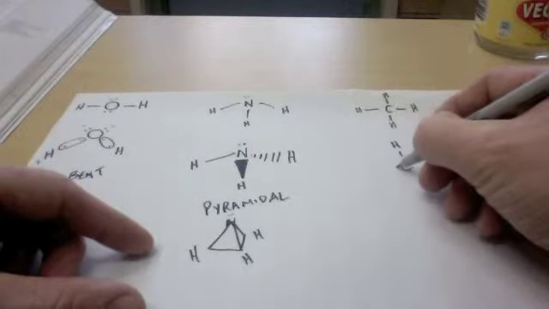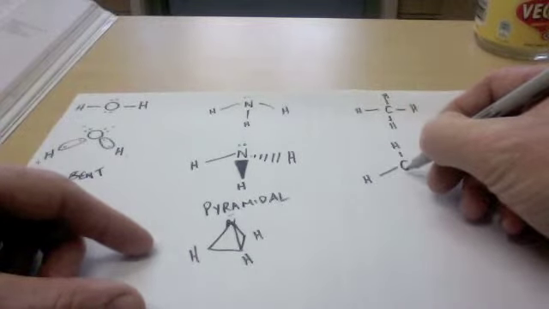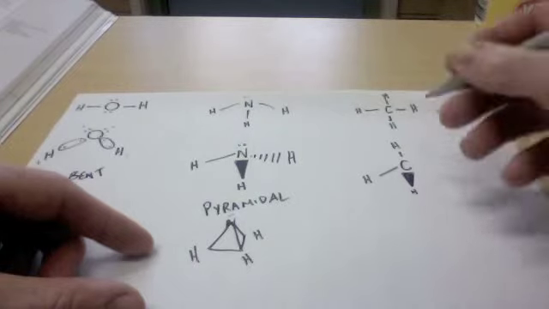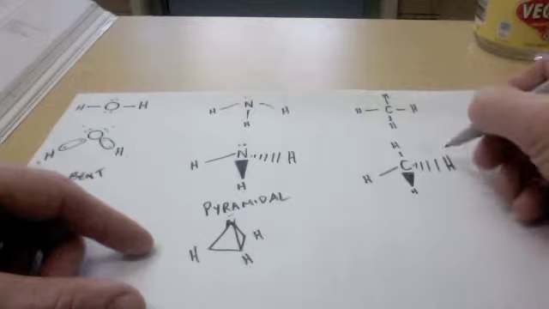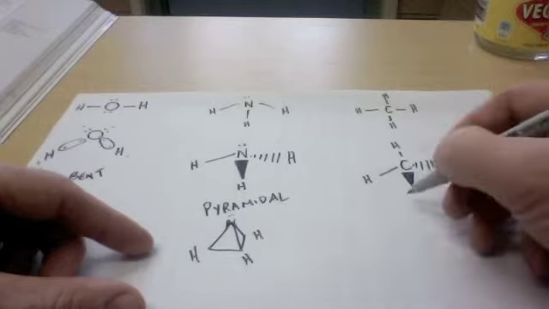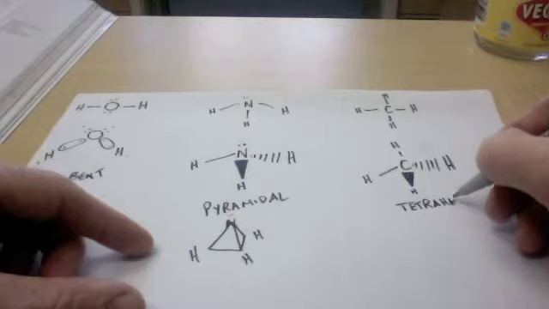Then you get another hydrogen coming down in a similar plane. One hydrogen will be going away, or into the page. I'll draw that H a little bit smaller so it looks a little bit further away. It's like that's going into the page, while another one is coming out of the page. There it is. This is just a bond. And so in this way, we have a tetrahedral arrangement.